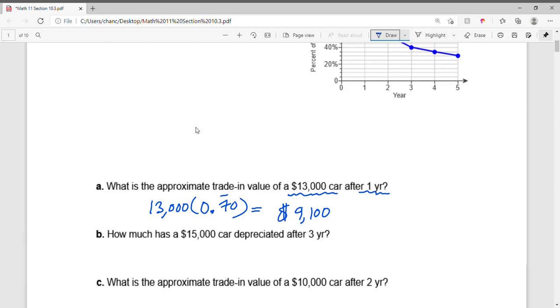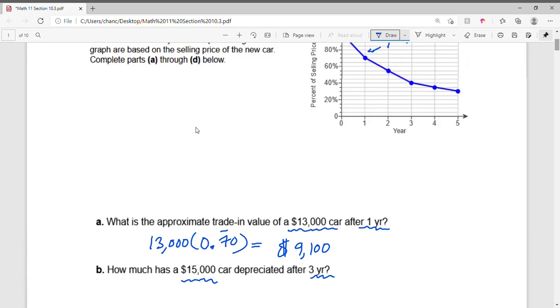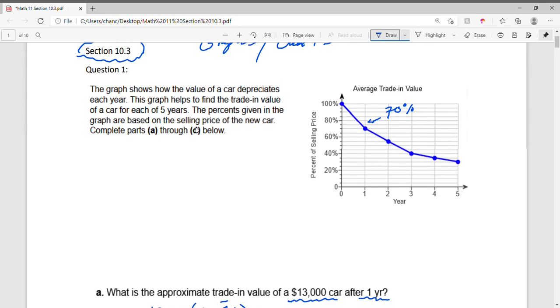In part B, how much has a $15,000 car depreciated after 3 years? Again, we'll refer to the chart and we'll look at 3 years. After 3 years, it appears that we're going to have a value that is only 40% of the original value. We'll convert 40% to a decimal.